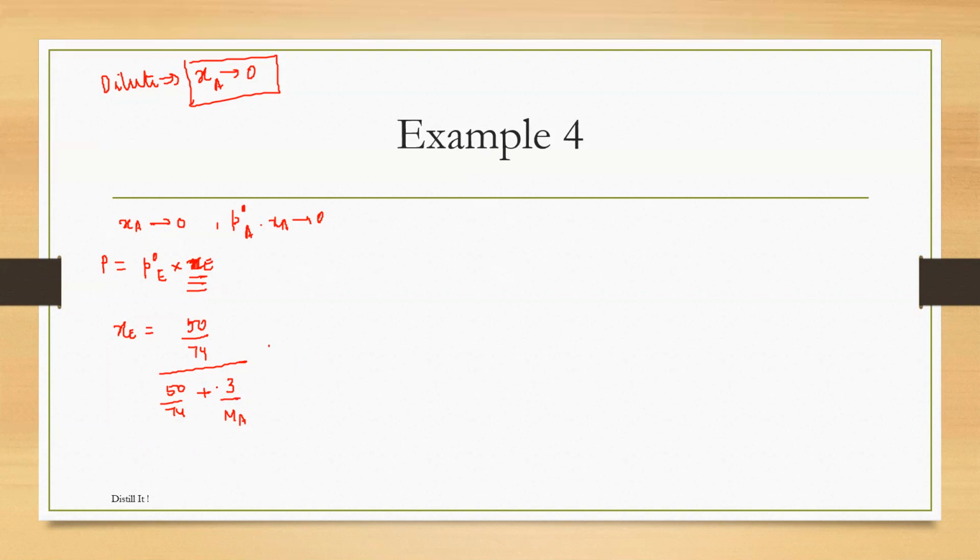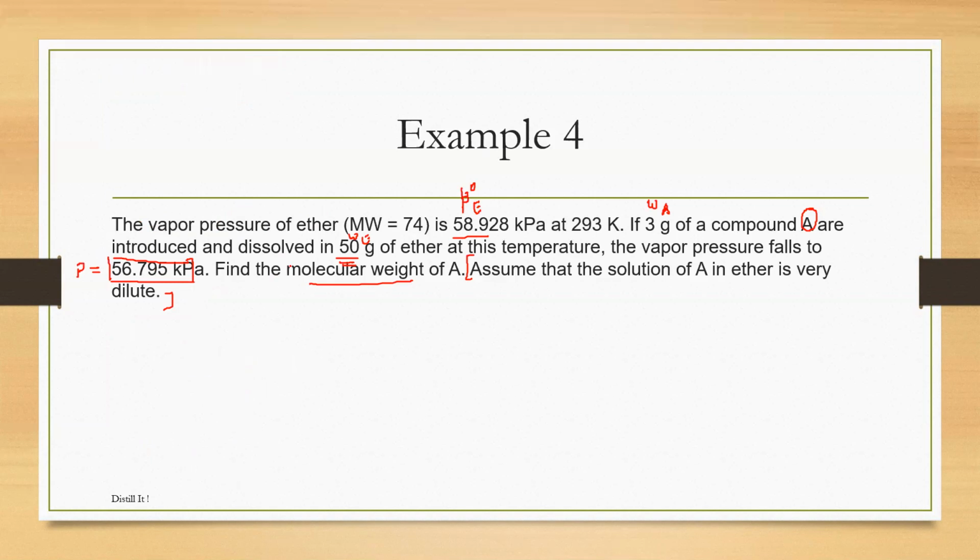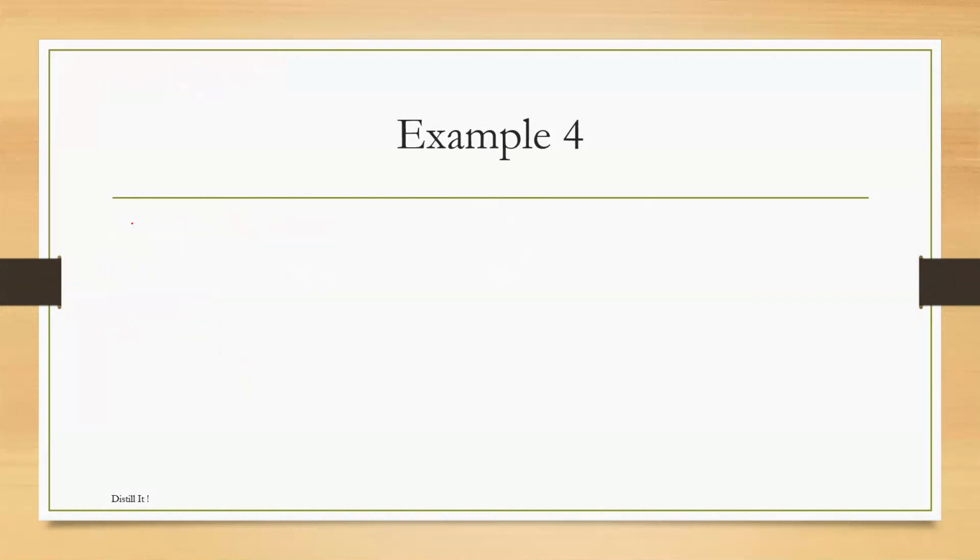Now according to this equation number 1, since our total pressure has reduced to 56.795, therefore, using this equation, P equals P naught E XE, we are going to say 56.795 is equal to vapor pressure of ether, that is 58.298, into mole fraction of ether, that is 50 by 74 upon 50 by 74 plus 3 by Ma.